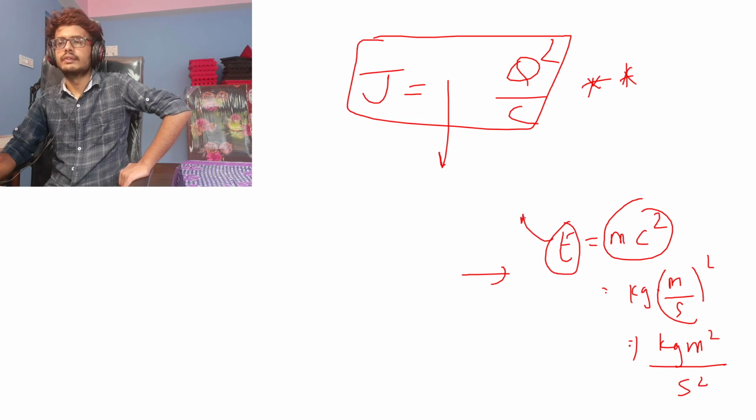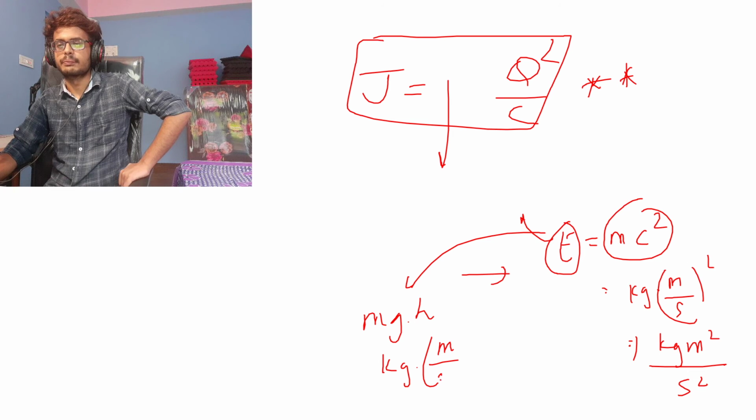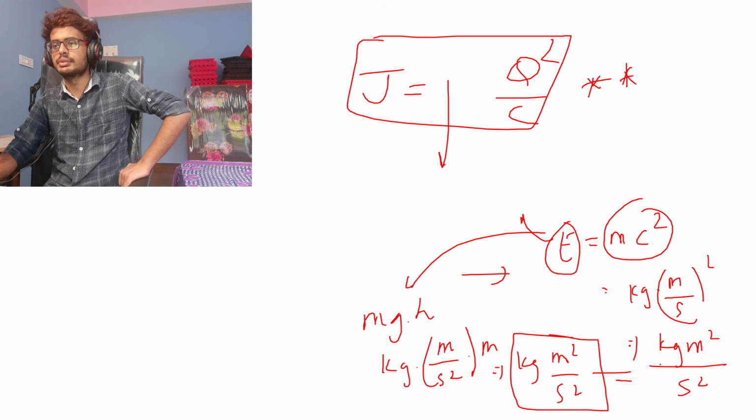Take any other form of energy, let's say potential energy, m into g into h. Mass is kilogram, g is acceleration, meter per second square, and height is just meter, right? So you get kilogram meter into meter square per second square. So these two are matching, right? Left hand side is equal to the right hand side. So dimension of E is matching with dimension of mc square.